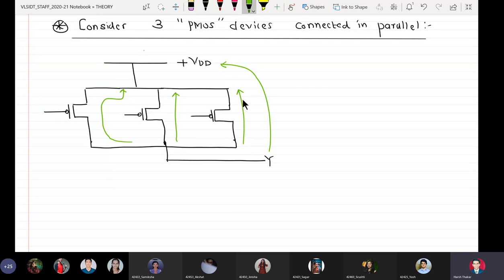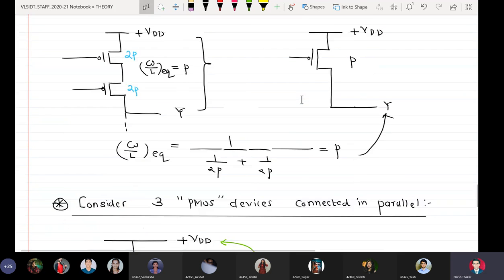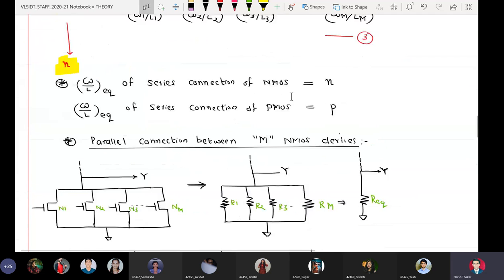Okay, path number 3. And as we told here, what is the definition of pull strength?